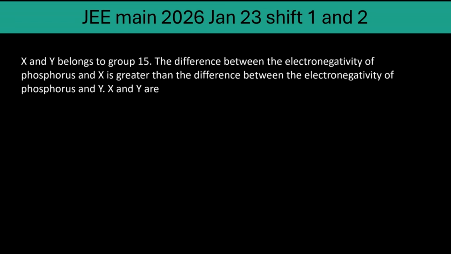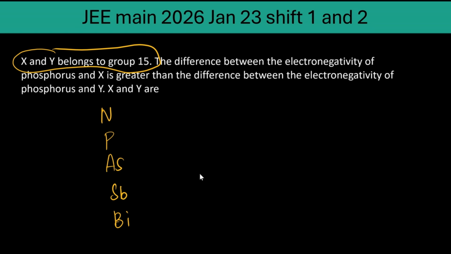X and Y belong to group 15. The difference between the electronegativity of phosphorus and X is greater than the difference between the electronegativity of phosphorus and Y. X and Y are. So they mentioned X and Y belong to the same group. Right. So in the 15th group, what are the elements I have? Nitrogen, phosphorus, arsenic, antimony, bismuth.